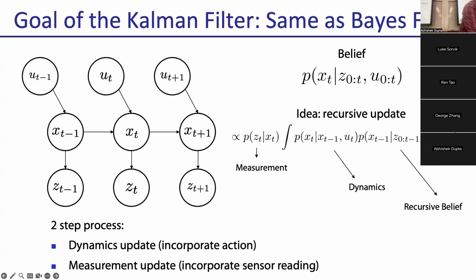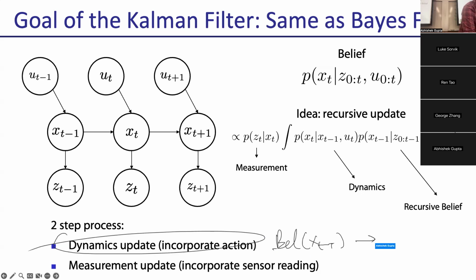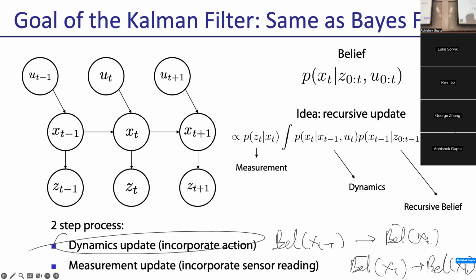The dynamics update goes from belief at xt minus 1 to belief bar at xt, and the measurement update goes from belief bar to belief. Now, with all our Gaussian magic, we're going to revisit these two steps, plug in our identities, and get easy-to-implement results.